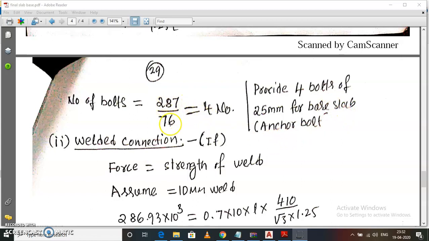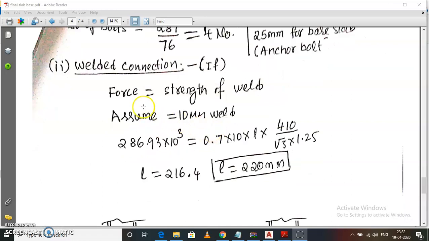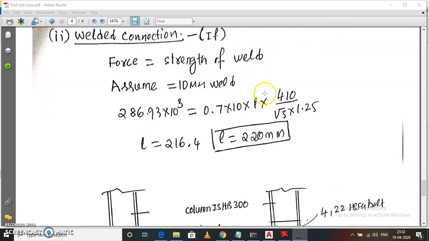These are the 4 bolts to connect the flange to the cleat angles. At the same time, we have to connect the base plate to the concrete foundation. Those bolts are 4 numbers of 25 mm diameter. If you are going for a welded connection, you can decide the length of the weld required by using force equal to strength of the weld.